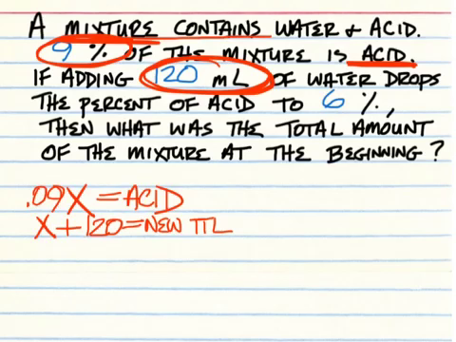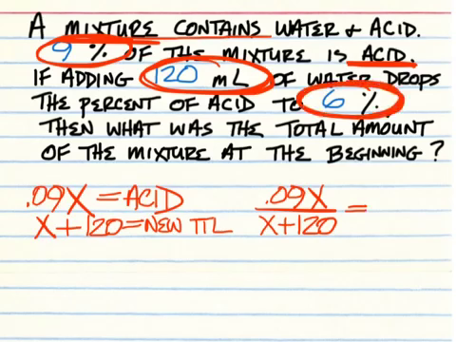And just as before, if we want to know what the new percent is, we would have to divide the amount of acid by the new total. But we already know the new percent. It is 6%. So we set this equal to 6 over 100, which is the fraction form of a percent.